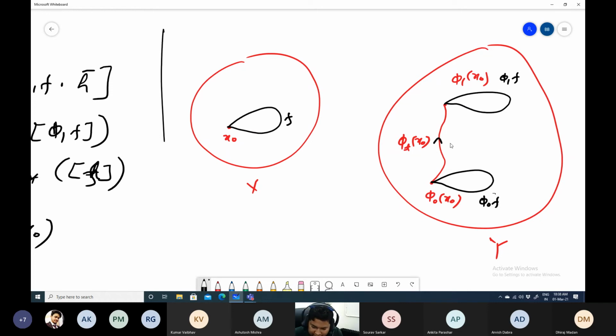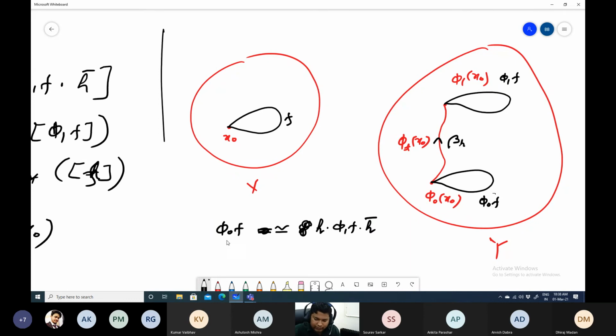If we consider that is your beta, then we prove that this phi 0 f is homotopic to h beta h phi 1 f h bar.